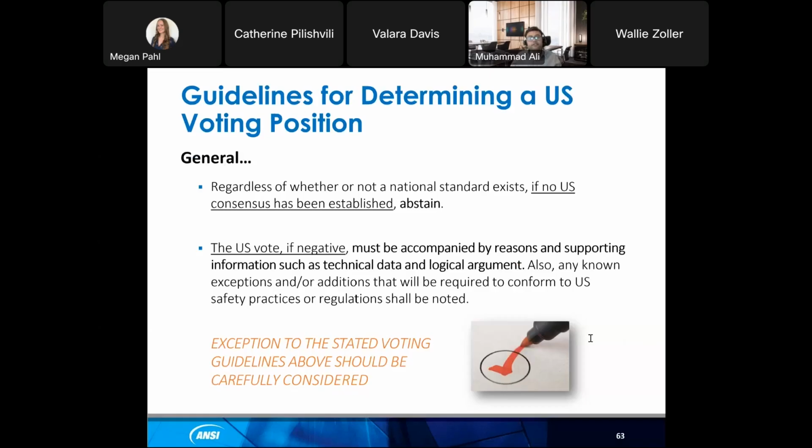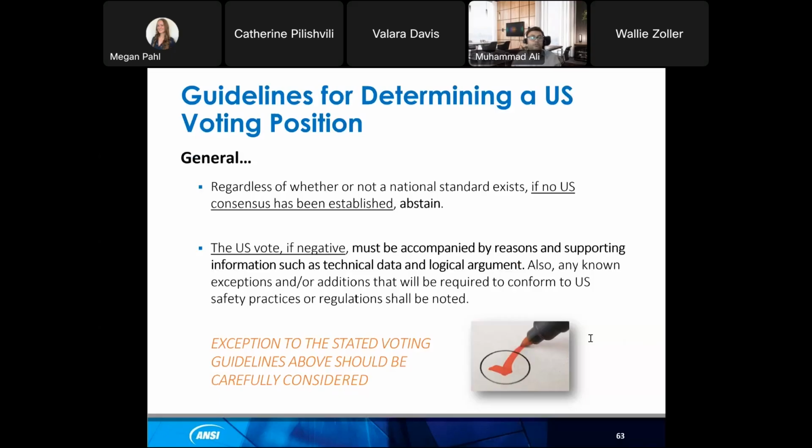In terms of guidelines for determining U.S. voting positions, in general, regardless of whether or not a national standard exists, if no U.S. consensus has been established, then you must abstain.